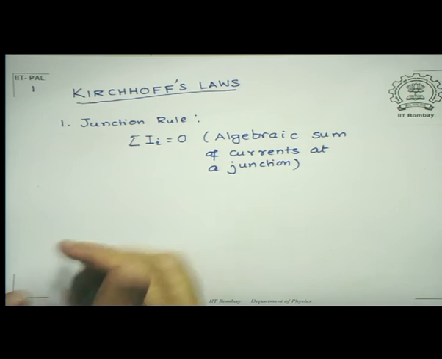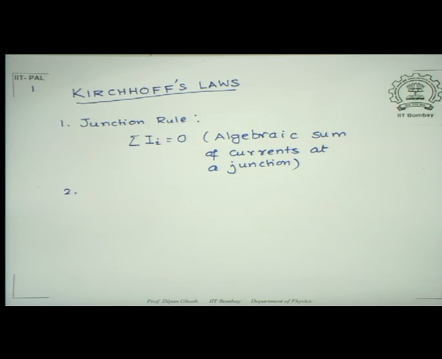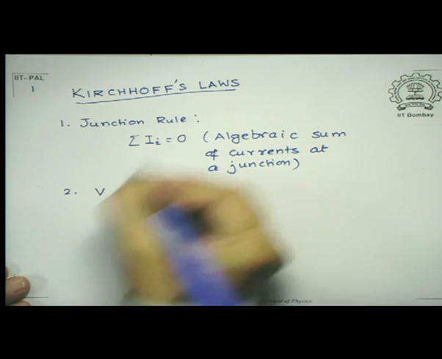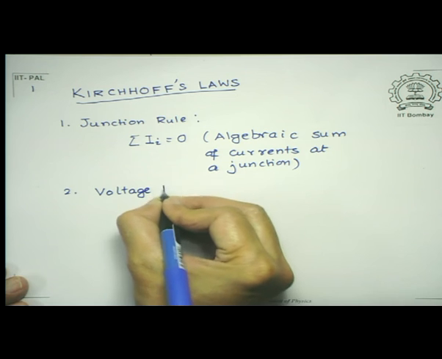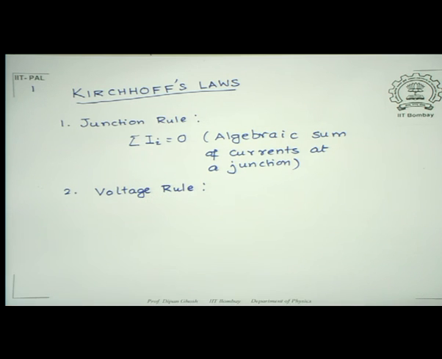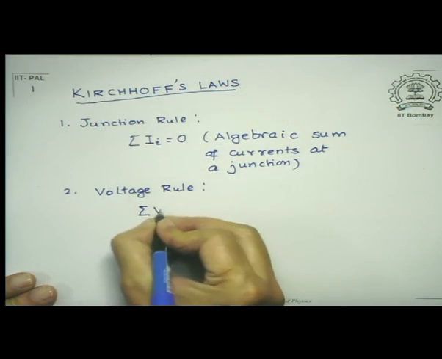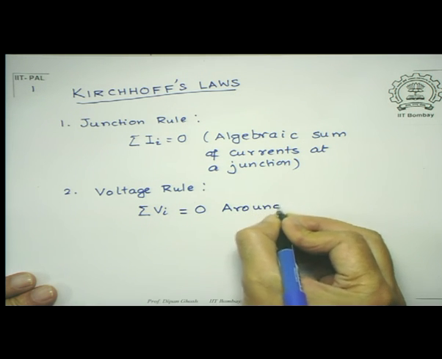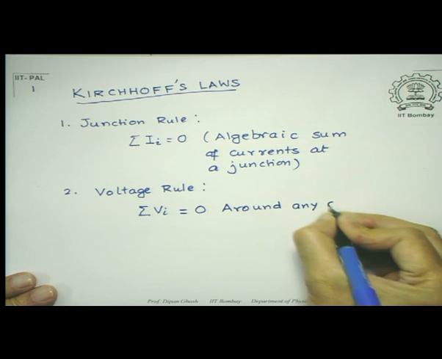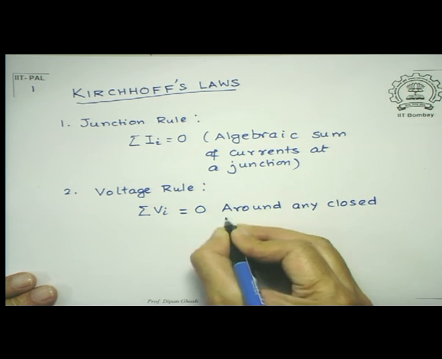Let me also state the second law, and then we'll do a slight discussion of both. And this is what is known as the voltage law. So this you might call the current law. So the voltage rule basically says that the algebraic sum of voltage differences around any closed loop, so sum over i of Vi equal to 0 around any closed loop.